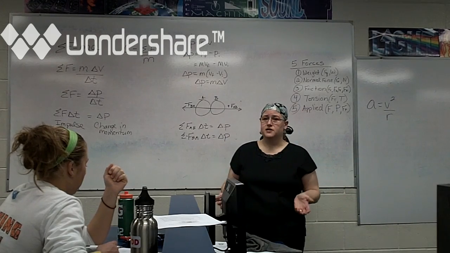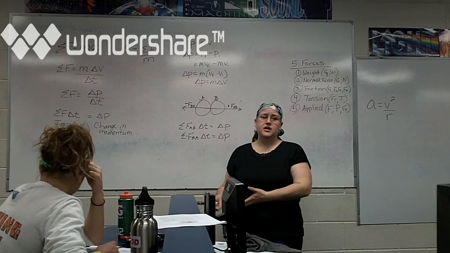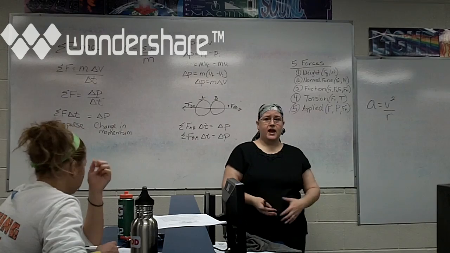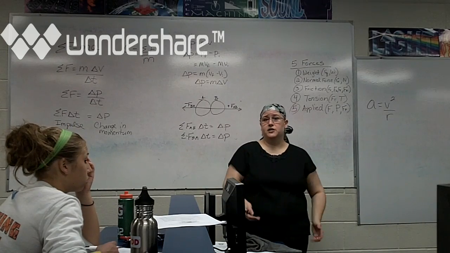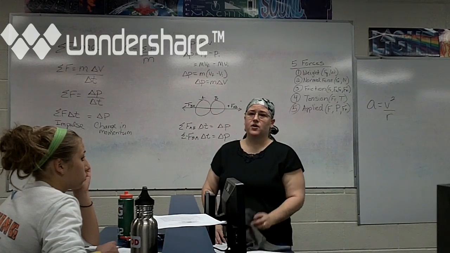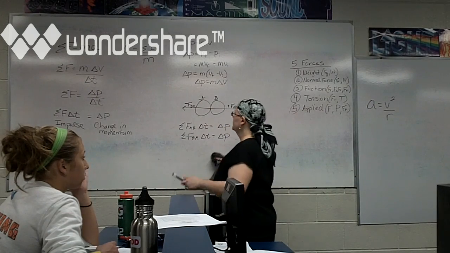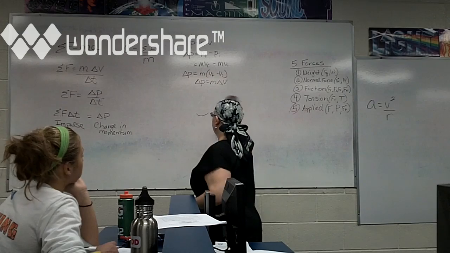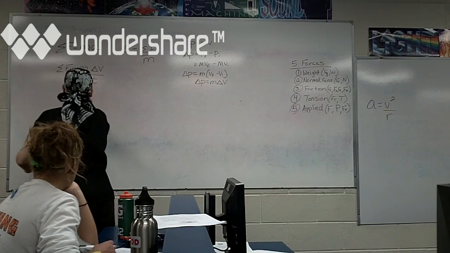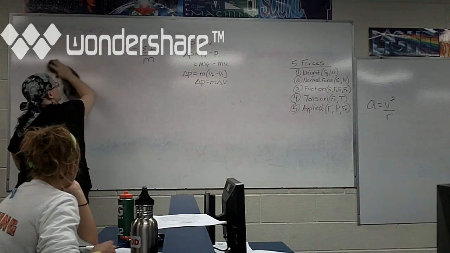That's what conservation means. Whatever you have in the beginning, you have to have at the end. Same thing with energy. Whatever total energy I have in the beginning, I have to have at the end, and the same thing is for momentum. Whatever momentum I have going in, I have to have at the end. So those are all the same, right? Yeah. So that's actually how they get to that. That's where that comes from.